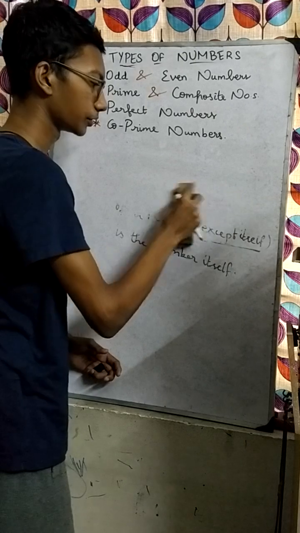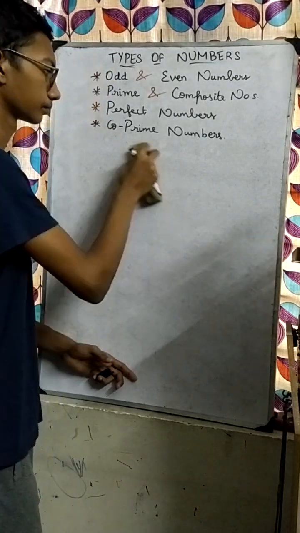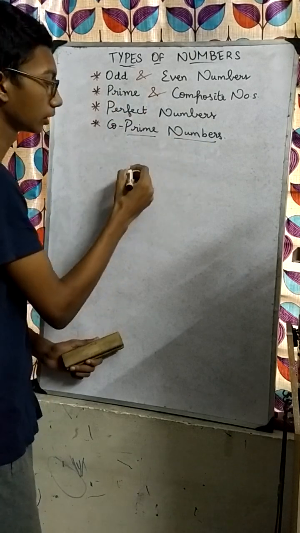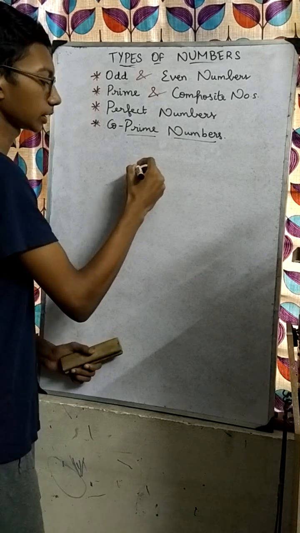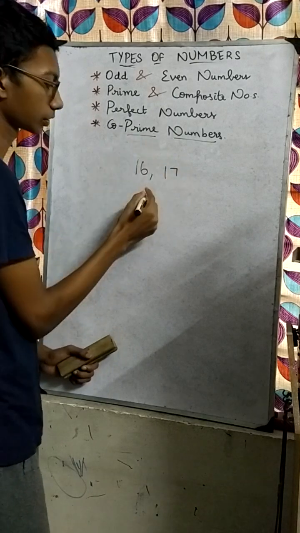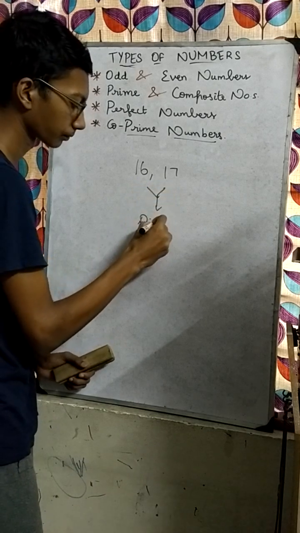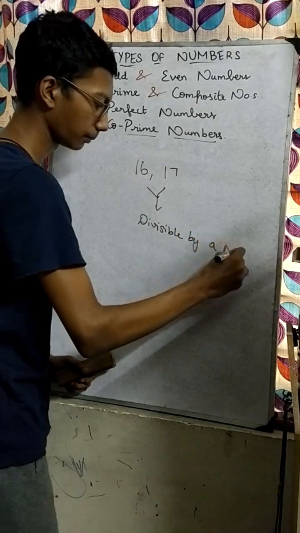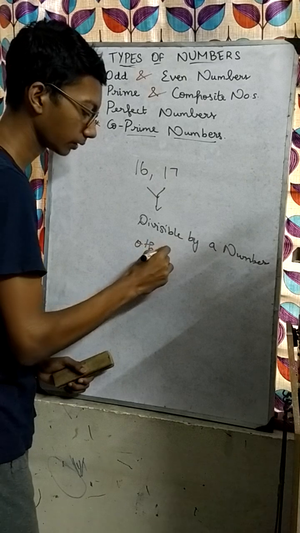So the last thing we will see is co-prime numbers. We know what a prime number is. We have seen it. But this is co-prime numbers. So we will take two numbers. Let's take 16 and 17. Co-prime numbers means these two numbers should not be divisible by a number other than 1.